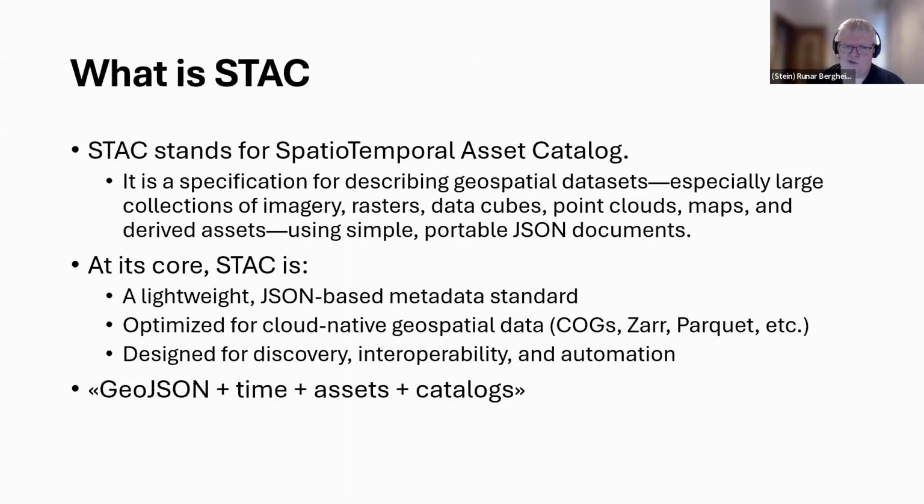So that is an emerging, or maybe it is a little bit archaic to say that it's emerging, but it is a modern asset catalog for spatiotemporal data. And it's particularly well suited to describe these large collections of imagery and rasters, data cubes and point clouds that have come in the era of big data.